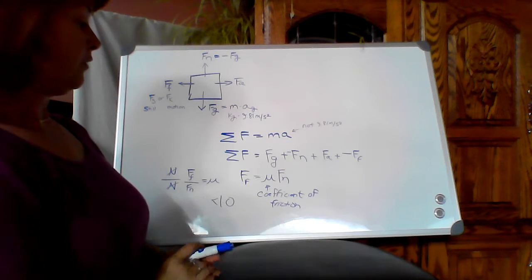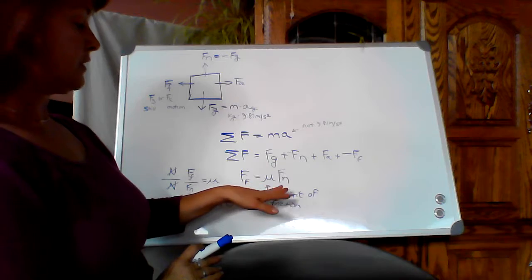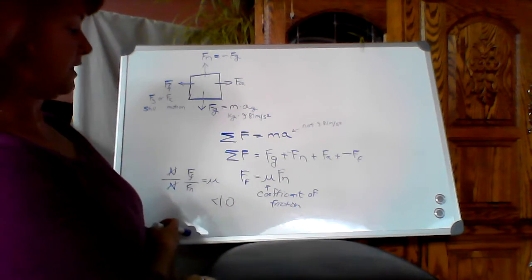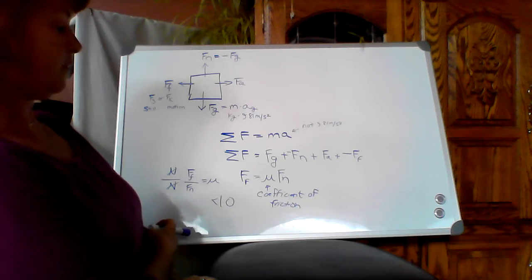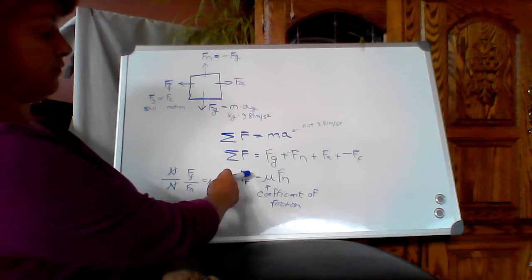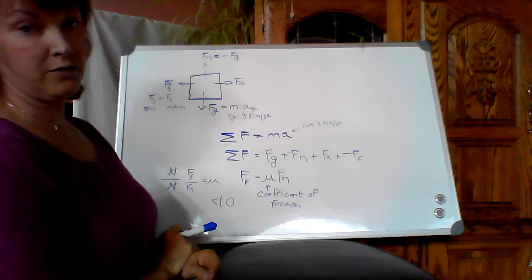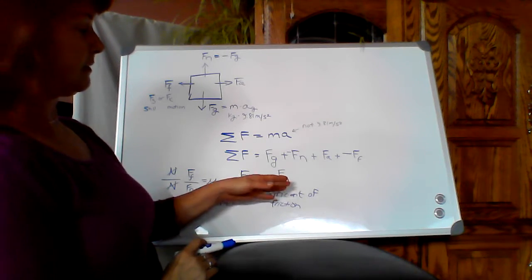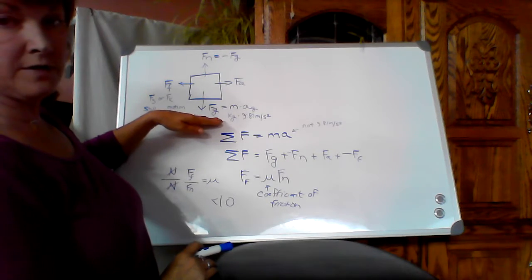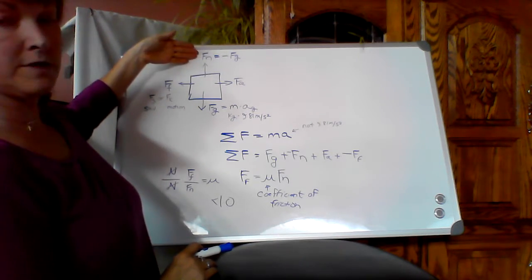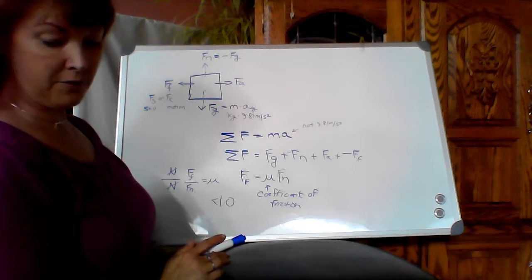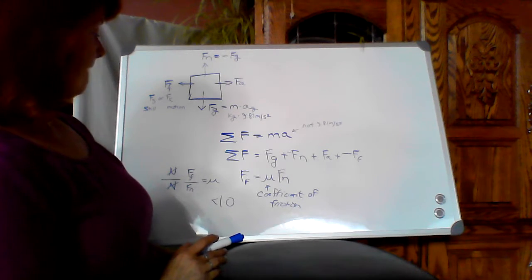If we know the normal force and the mu of something, we can determine the force of friction on an object, or by the same token, if we know the frictional force, we can divide by mu to find the normal force. And we can always determine the normal force on something if we know the force of gravity, because the normal force is going to be equal and opposite, the same magnitude as the force of gravity.